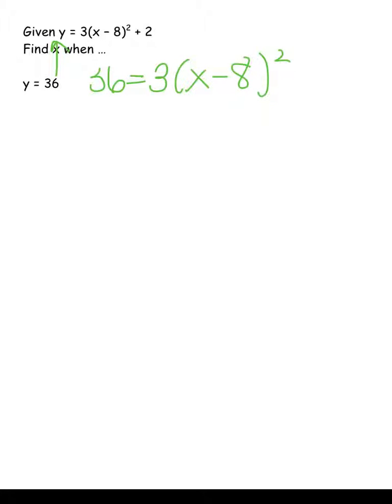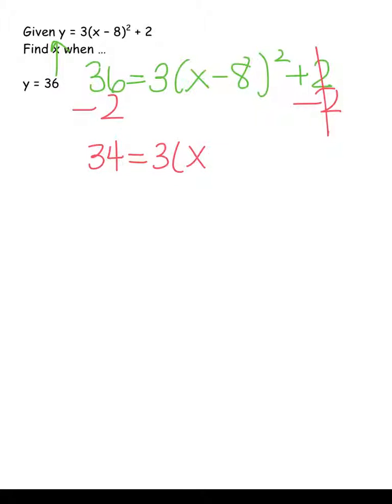Remember, we're undoing, so we're doing PEMDAS in reverse. So we'll start with adding or subtracting, which is subtracting. What we do to the right, we have to do to the left. So 34 equals 3 times x minus 8 squared.